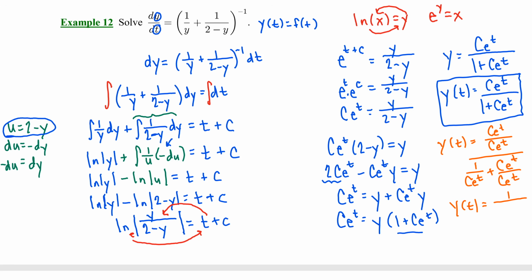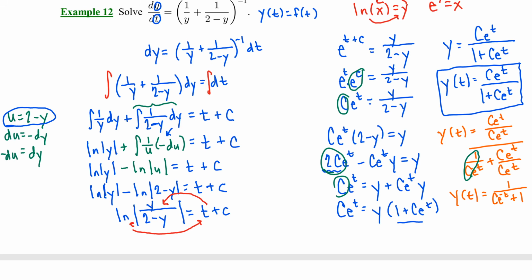Now, right here, as we saw with manipulating the constant, the changing constant here, we said e to the c equals c. We had 2 times c equals c. We can also see that this coefficient 1 over c, that's just going to make a new constant. 1 divided by a constant is a constant. And then we can rewrite that e to the t in the denominator as e to the negative t.